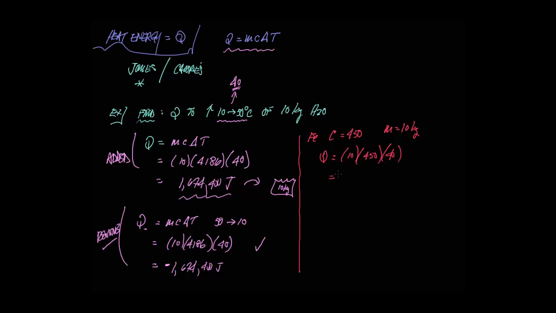So 10 times 450 times 40 is 180,000. And I would say only 180,000 because in comparison to what we needed to heat up the same amount of water, it's about 1/10 of it.